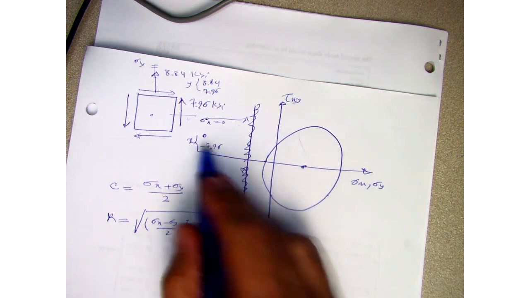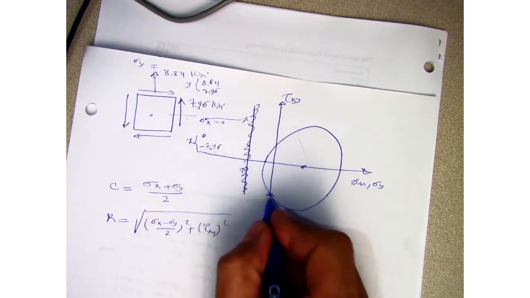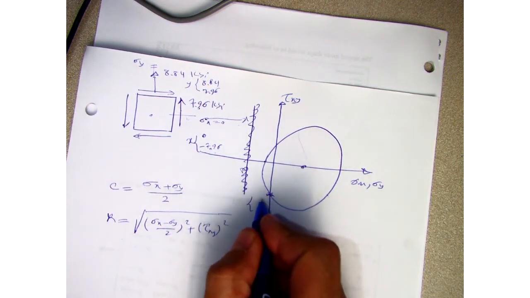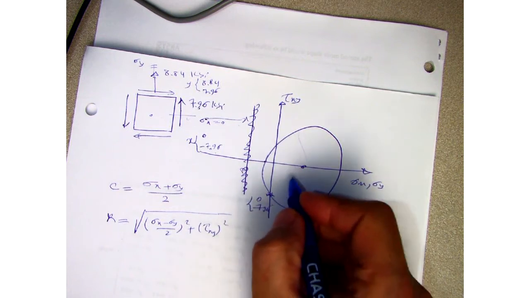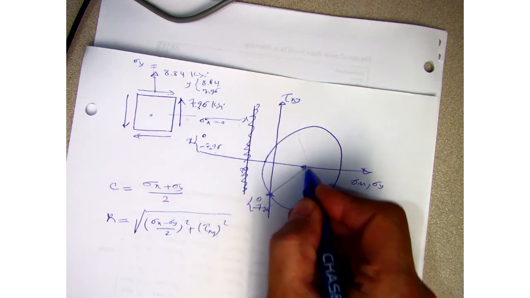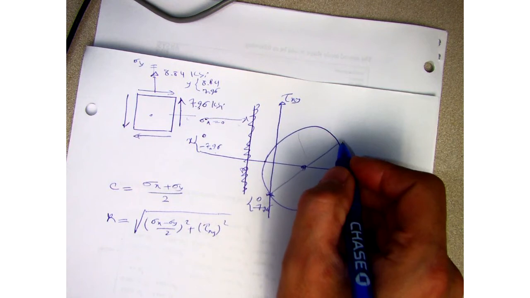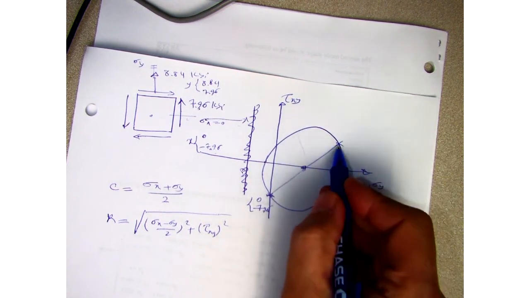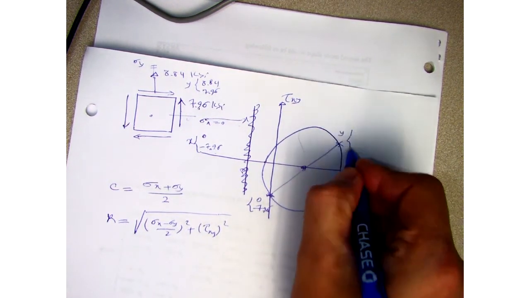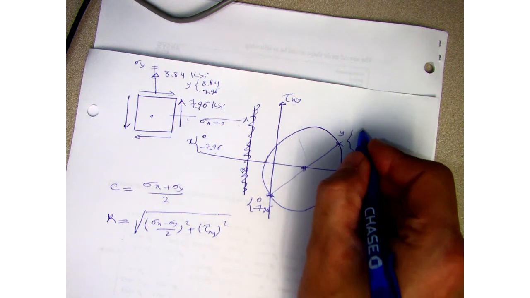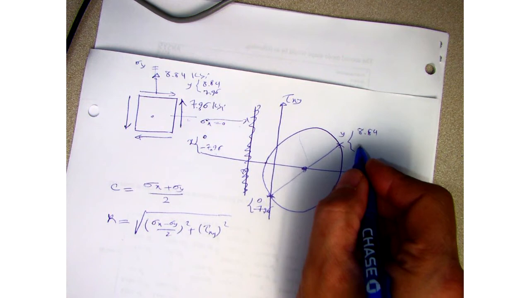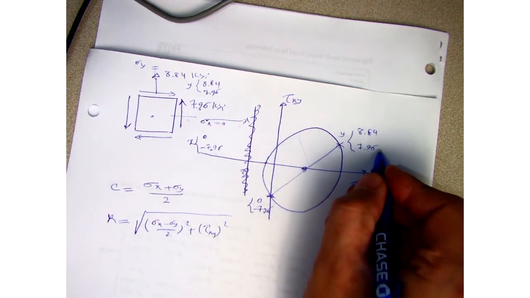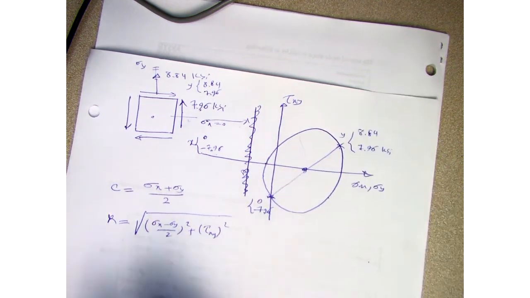So the x point on the Mohr circle is going to be here. Your normal stress is 0. Your shear stress is negative 7.96. And if you connect that to the center and then extend it, the other side is going to show me my y-axis. So my y-axis normal stress is 8.84, and the shear stress is now positive 7.96 KSI.